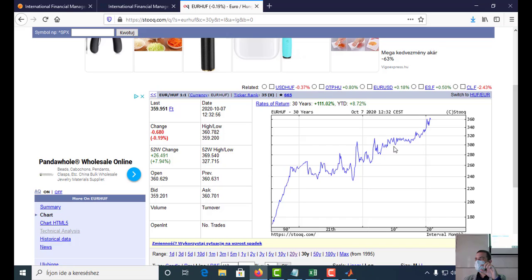So actually the market is punishing the forint if risk awareness is increasing. Usually money is moving away from all emerging currencies, so it's not just for the forint, it's for other currencies as well. But also volatility increases here. So heteroscedasticity is there.